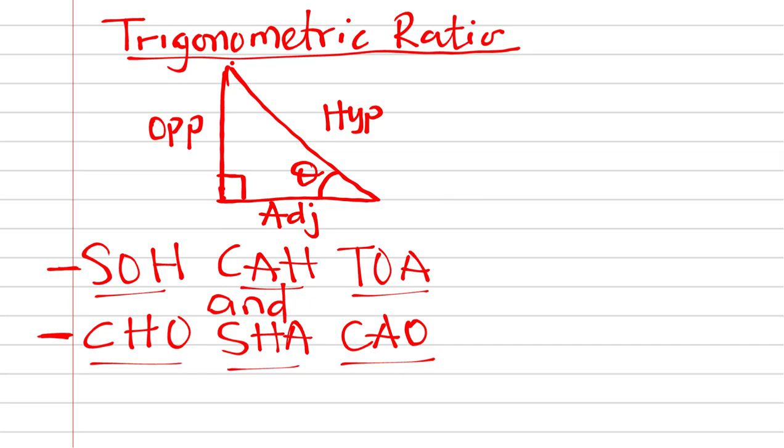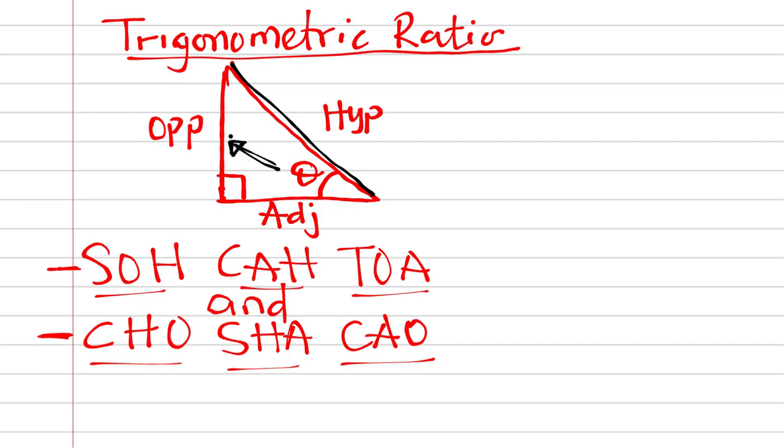Now when you have an acute angle like this, a right angle triangle like this, we know that the longest side is the hypotenuse. The side facing the angle is always the opposite.